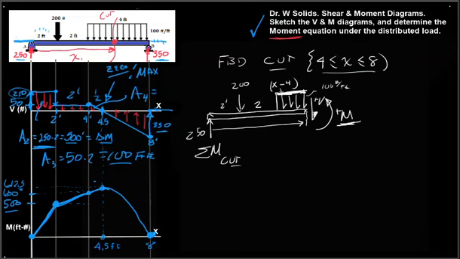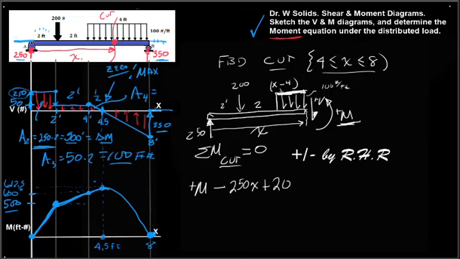We'll do sum of the moments about the cut equal to 0, in which case we have a plus M minus, and I start from left and work my way towards the right. So we have 250 acting at a distance of X away, so minus 250 X. Here we have then plus 200, and the distance would be X minus 2. And recall we're reaching out from there. And then this distributed load.